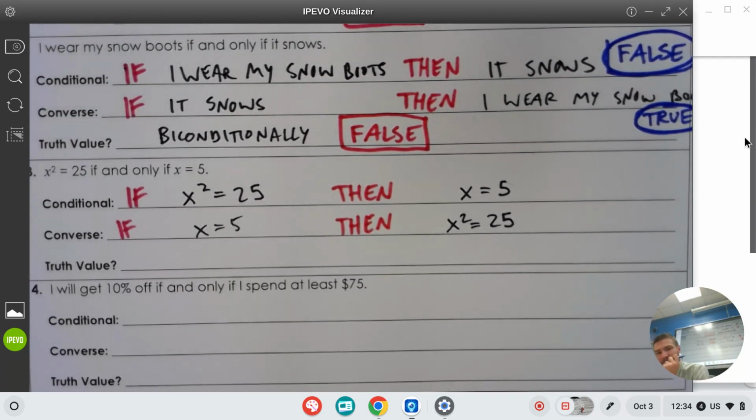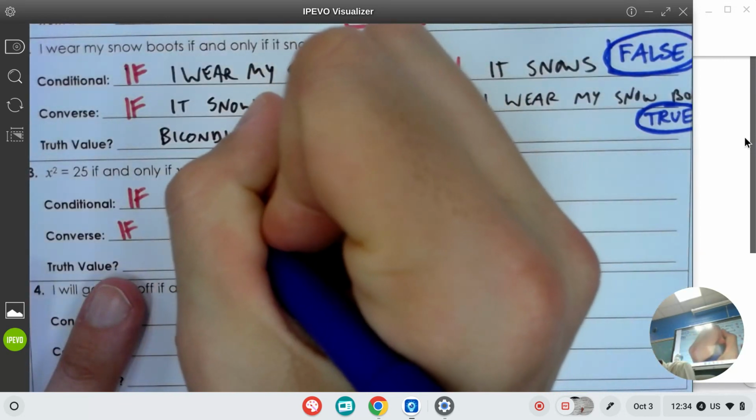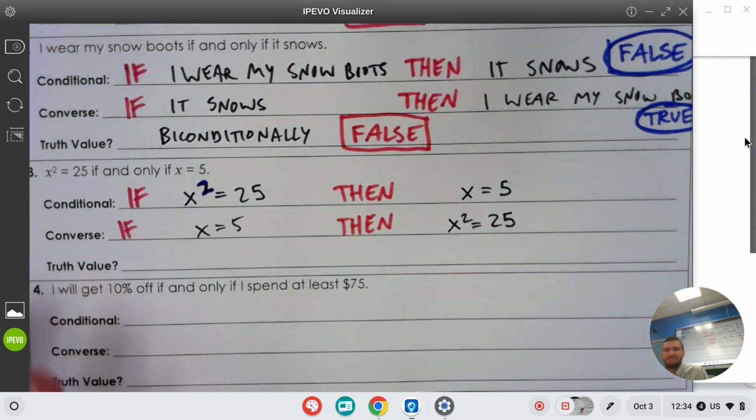Here's what I'm thinking. What do we know about squares? Squaring is multiplying a number by itself, right? So 3 squared is 9, 4 squared is 16, 5 squared is 25. But what about negative numbers? What is negative 3 squared? Negative 3 times negative 3.